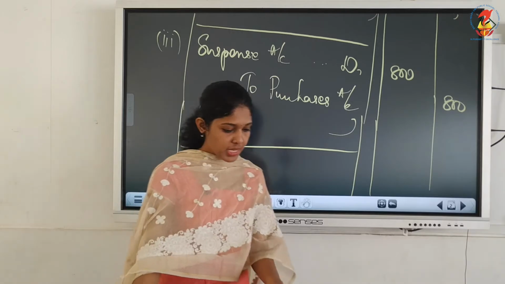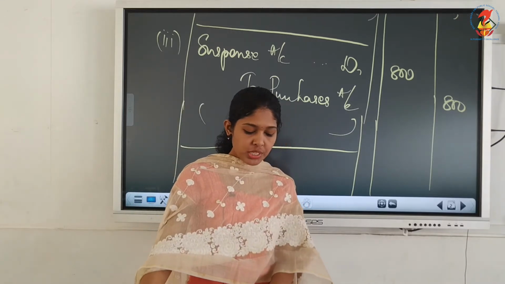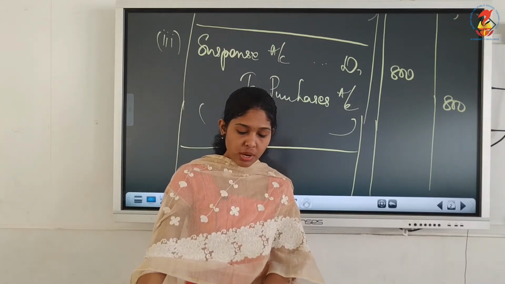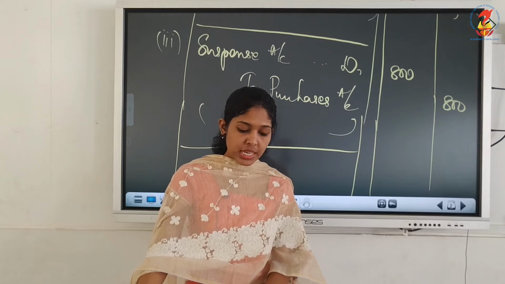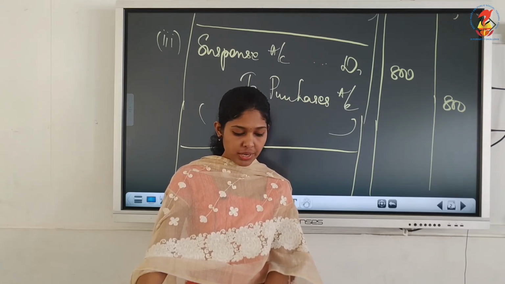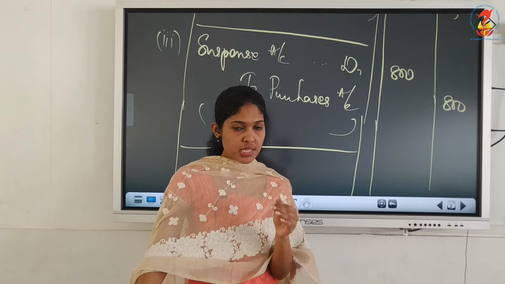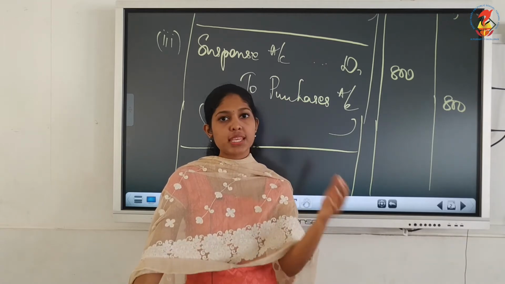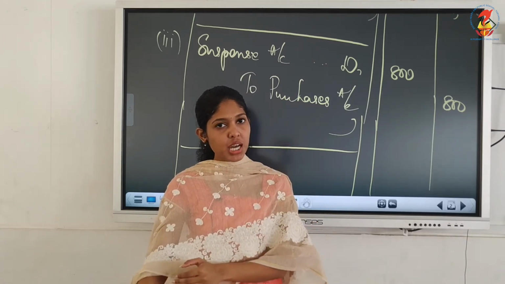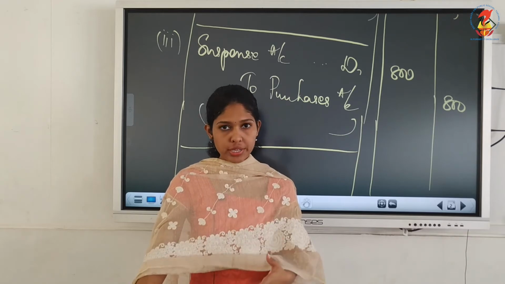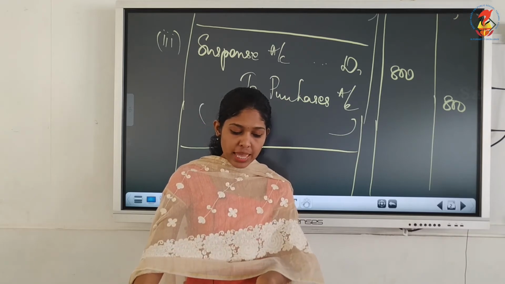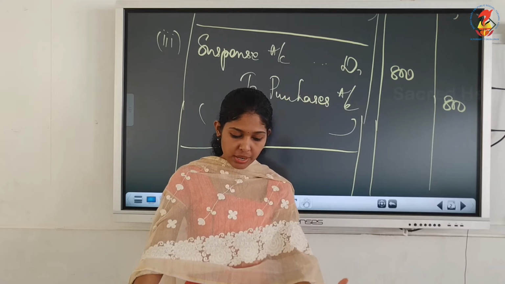Then the next one is purchases return book was carried forward as 1220 instead of 1120. Purchases book is having a debit balance, whereas purchases return having a credit balance, that you already know. And it was carried forward as 1220.